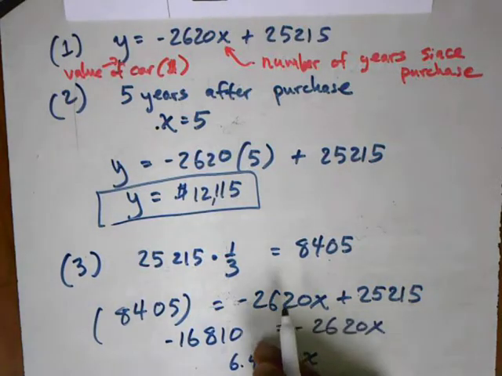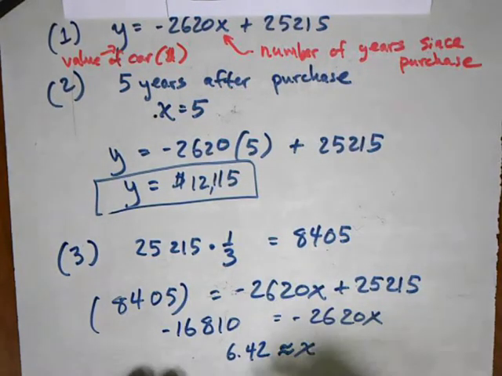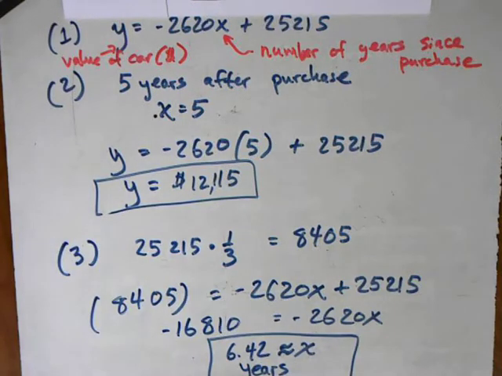Actually, it's closer to 6.42. So we can say that it's about 6.42 years, or 6.5 years, is how long it's going to take this car to depreciate to 1/3 of its original price.